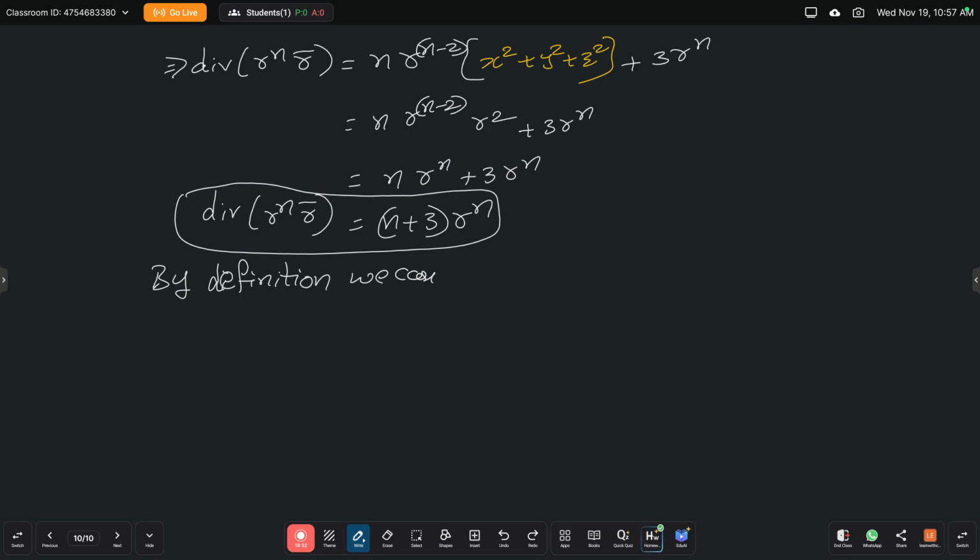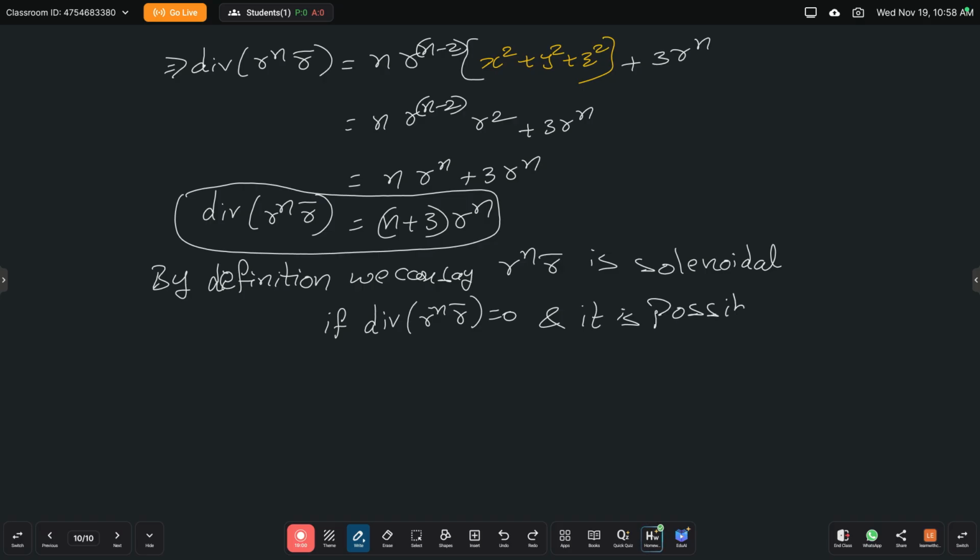we can say r^n r̄ is solenoidal if, what is the definition? Divergence of r^n r̄ equals 0. And it is possible if (n plus 3) r^n equals 0.